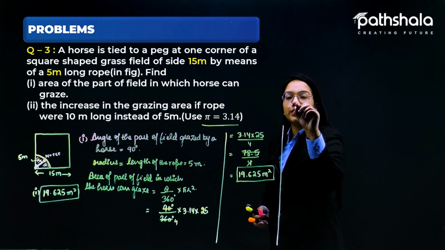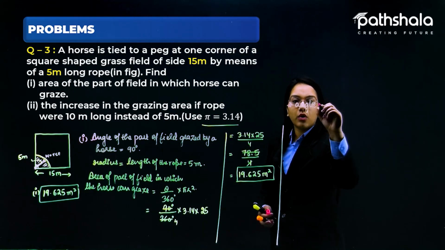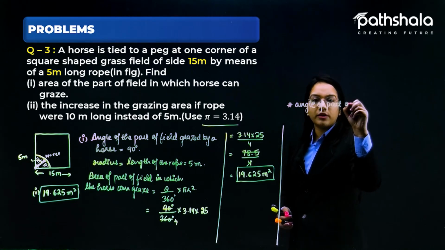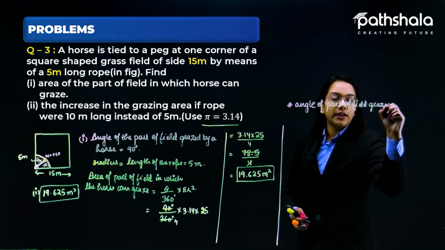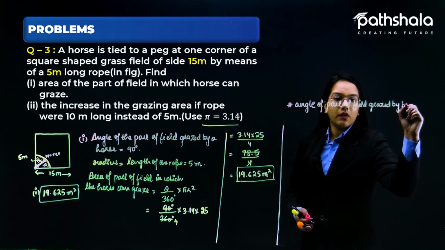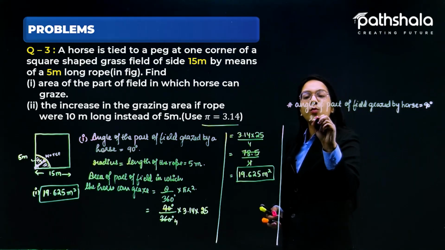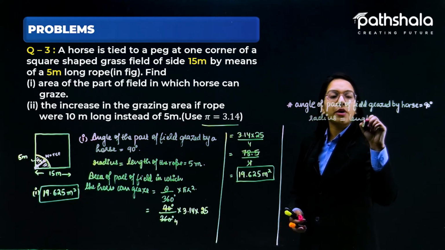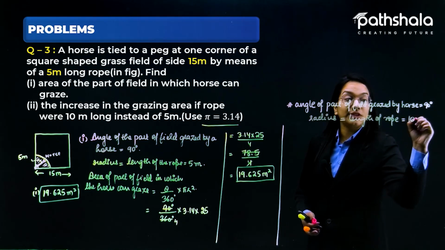First of all, the angle of the part of the field grazed by the horse is again the same, that is 90 degree. There is only one change, which is the radius. Radius is the length of the rope, and it is now 10 meters.